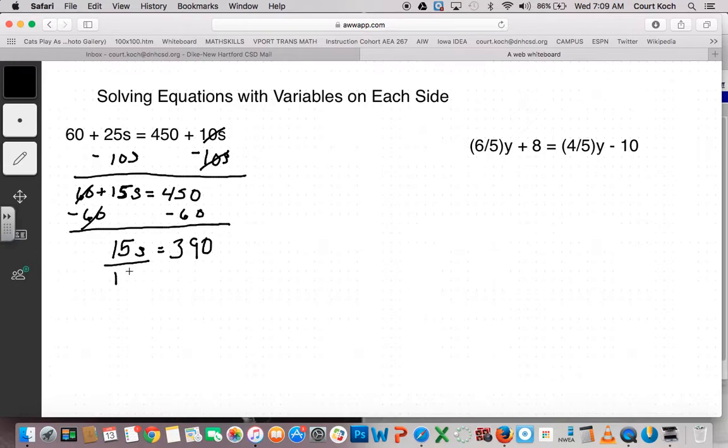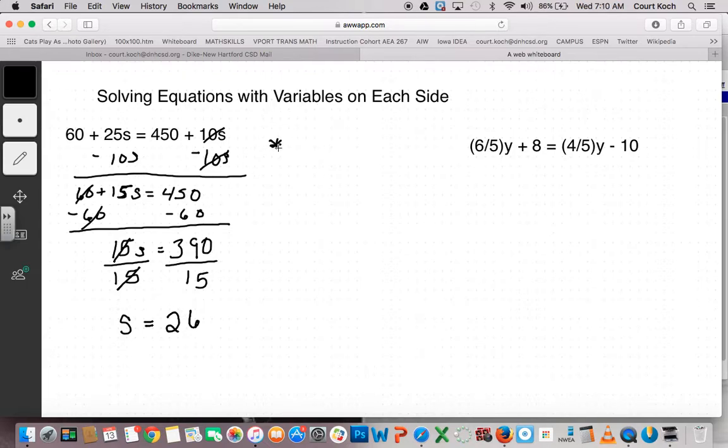Now I can divide. And using the calculator, I find that s, because this and this cancel, is equal to 26. So the first thing I had to do was get my variables together.